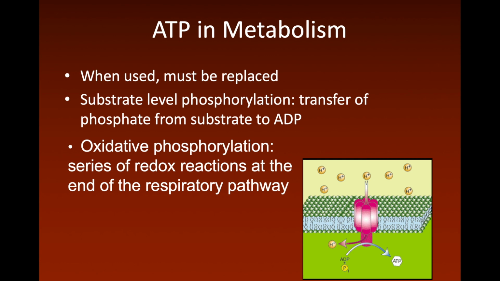Just to give you a comparison, whereas in fermentation, glucose can produce 2 ATP through substrate level phosphorylation, oxidative phosphorylation can generate upwards of 36 to 38 molecules of ATP for every 1 glucose that starts off this reaction. So a huge difference in the energy production of substrate level phosphorylation versus oxidative phosphorylation. But this process does take a little bit longer time.